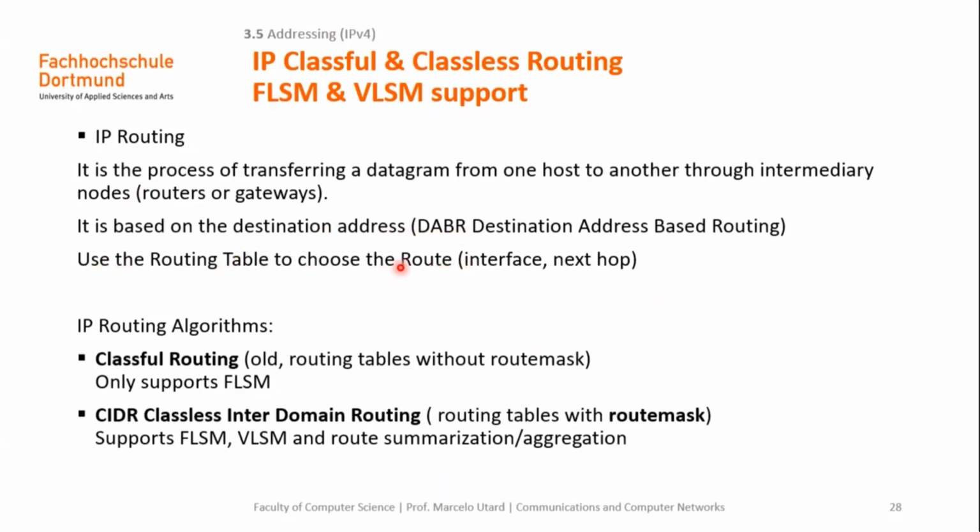Choosing the route means that the router knows which is the interface and which is the next hop to forward the datagram. Then there are typically two main routing algorithms of IP.